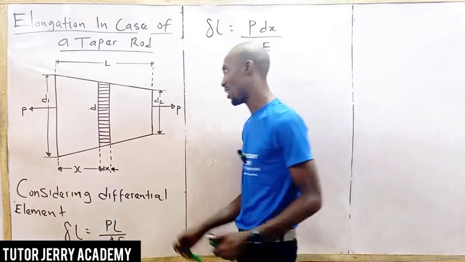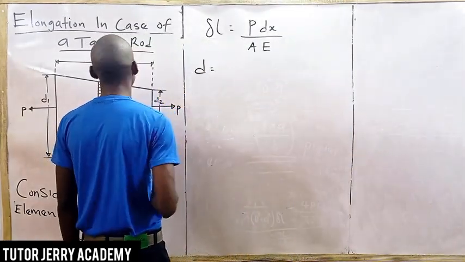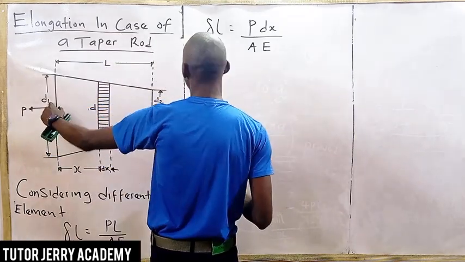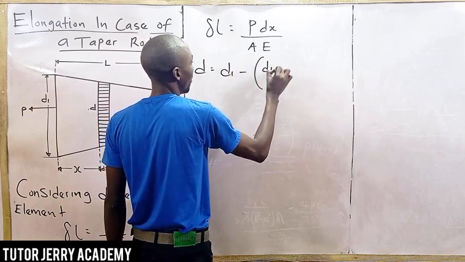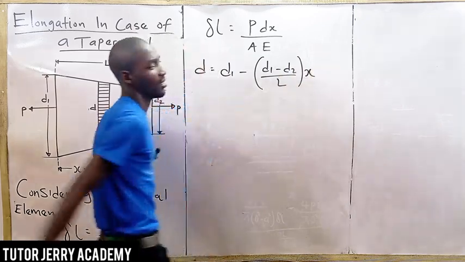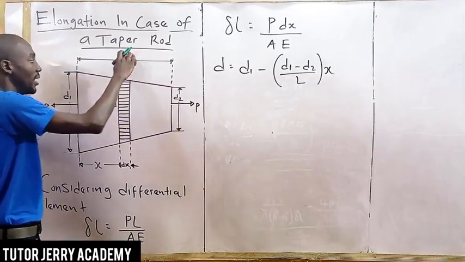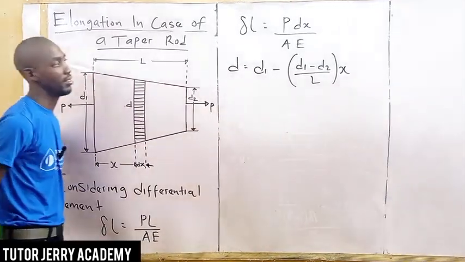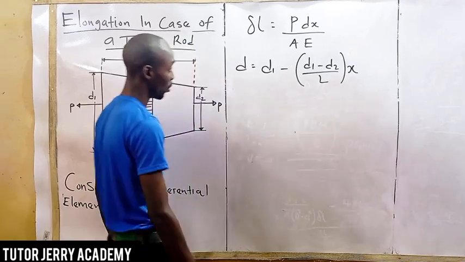From the unity method, we know that the diameter D will be equal to D1 minus (D1 minus D2) all over L multiplied by S. This is what our diameter is going to give to us.